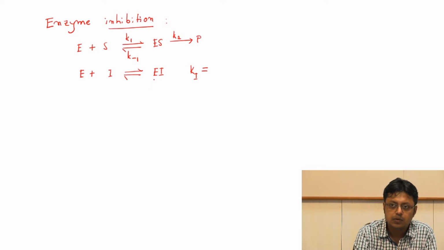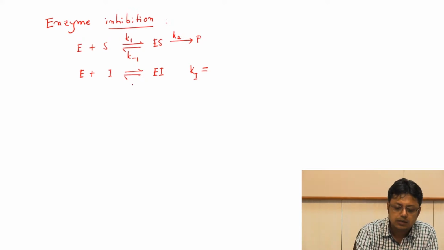In the sense, it is the equilibrium constant for the reverse reaction. If EI to E plus I is the forward, and E plus I to EI is the backward or reverse reaction, then the equilibrium constant can be written as concentration of E times concentration of I divided by concentration of EI.